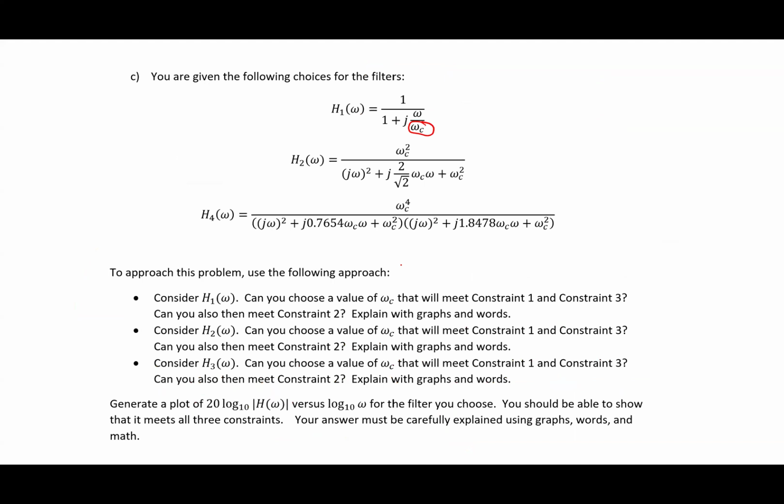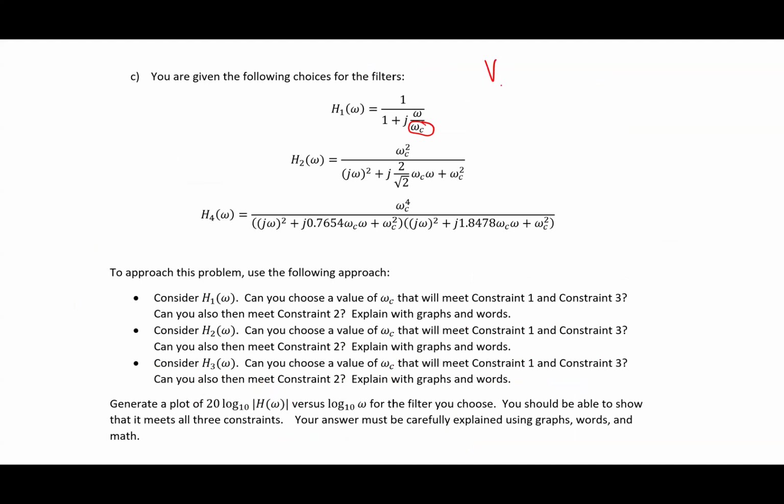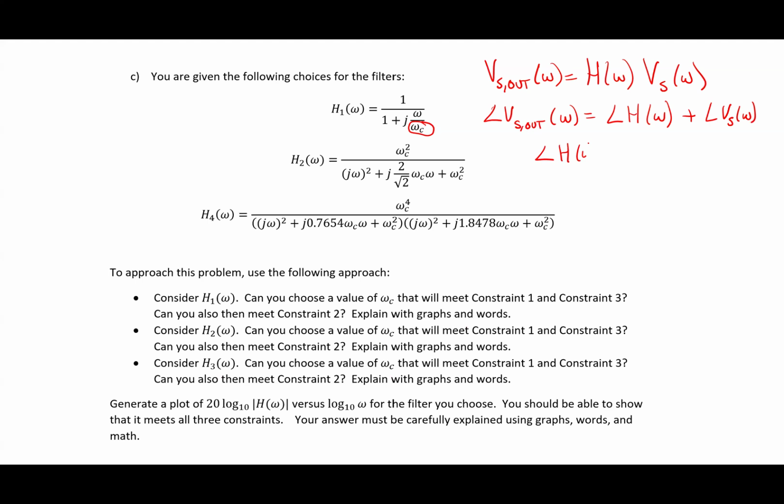Okay, so the other thing is this: the Fourier result here, Vs out of omega equals H of omega times Vs of omega. So I keep talking about this in terms of the magnitudes, but this is complex numbers. So I can say the angle of Vs out equals the angle of H plus the angle of Vs. So the angle of H is equal to the phase shift, the shift between the 2.